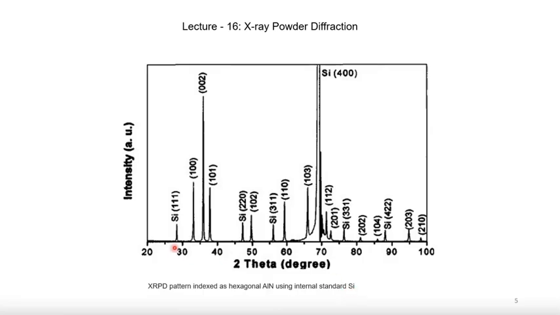You can see we can easily identify the silicon pattern. Here is the silicon pattern, and this is the aluminum nitride pattern. It's a hexagonal system, aluminum nitride, and this is the silicon pattern. This is again aluminum nitride, silicon pattern. We can identify this now with the help of the software I mentioned a little bit earlier.